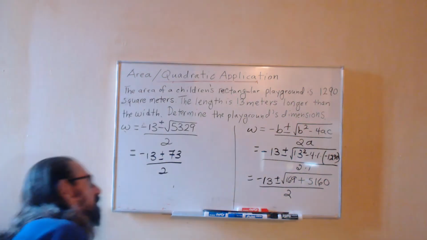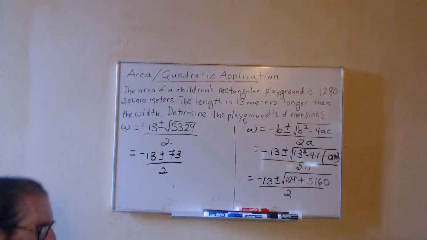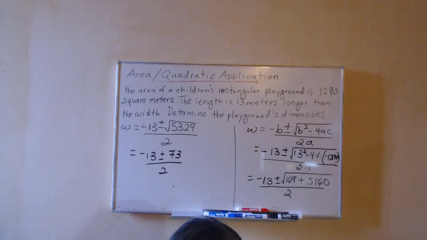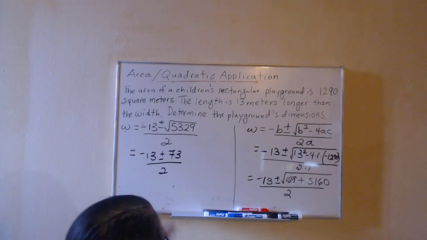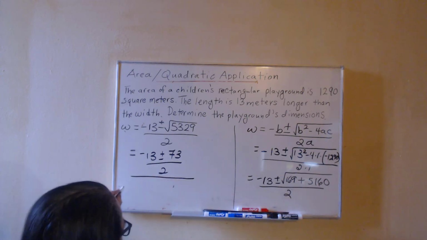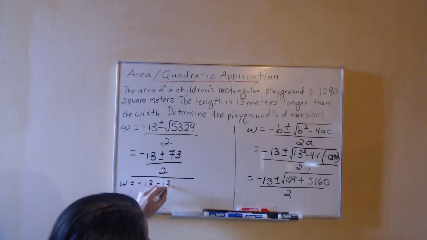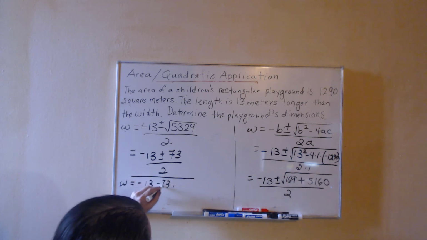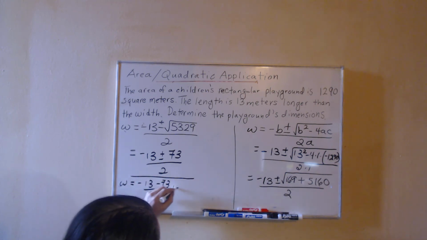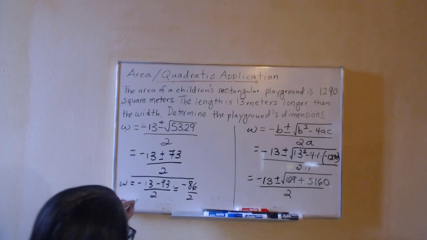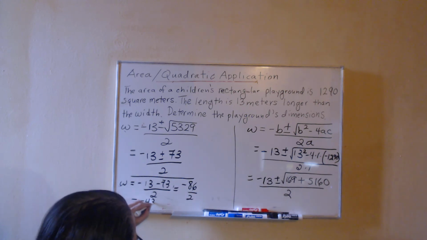So square root of 5,329, that'll be 73. Split that up into the two cases of subtracting and adding, since we completely got rid of the square root. And one of them would give me a ridiculous answer of negative 43.